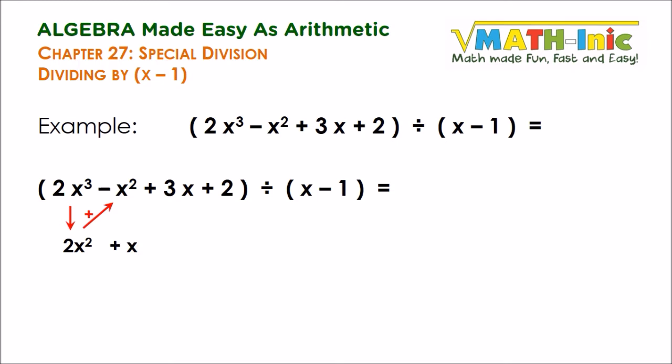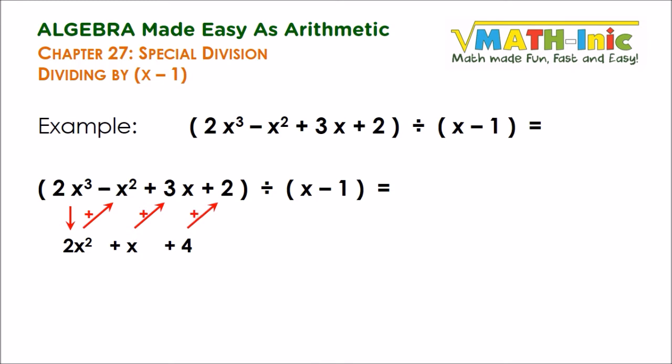So now we have plus x, or 1x. So next we have 1, then we add it to the next coefficient. 1 plus 3 is 4. We add 4 to the next coefficient. 4 plus 2 is 6.